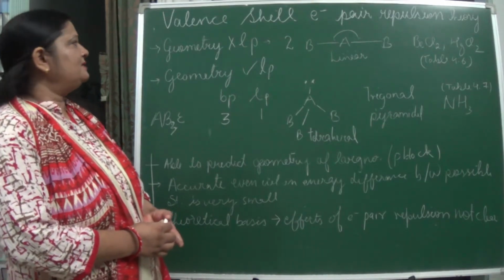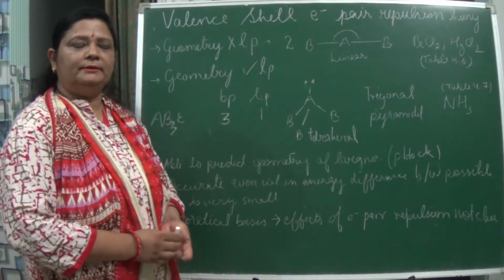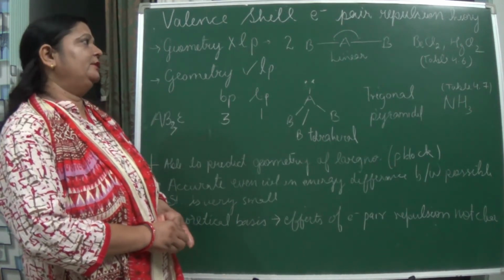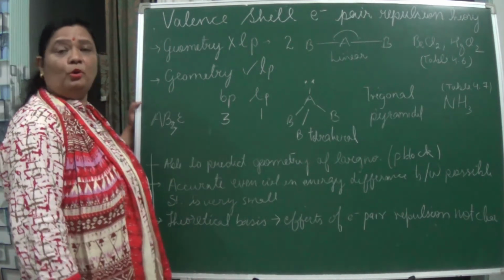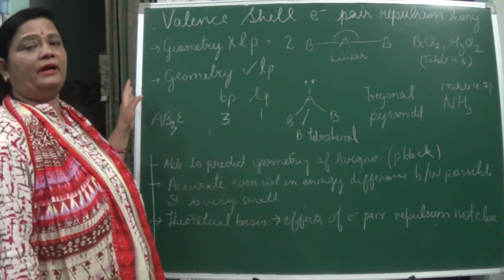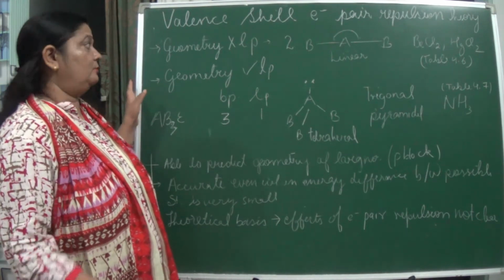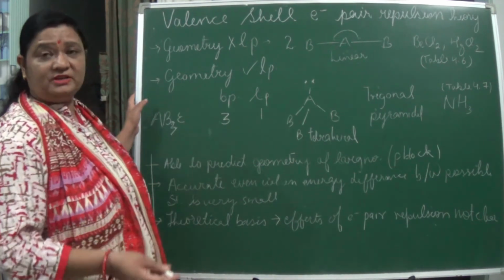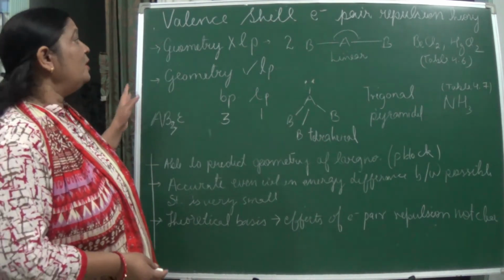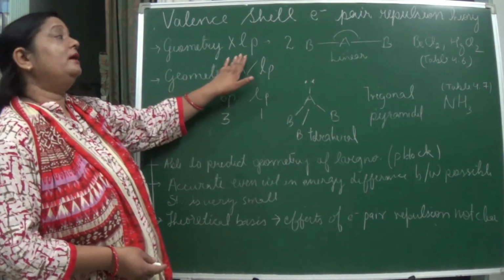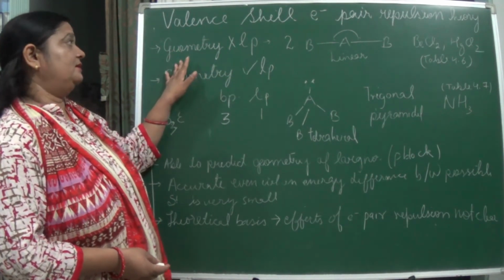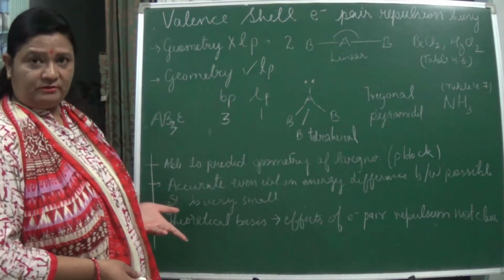So by the concept given by Nyholm and Gillespie of lone pair and bond pair repulsions, the geometry could be explained if lone pair is present or if lone pair is not present.